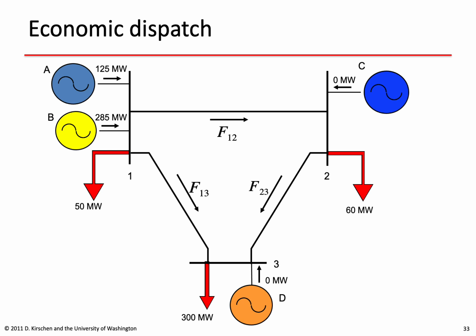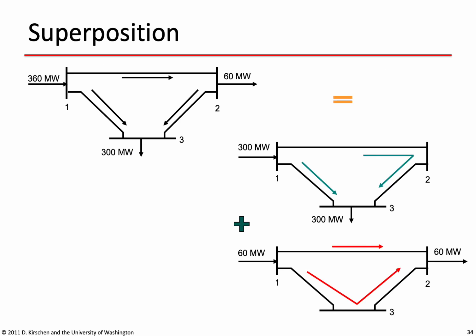So we need to calculate then what the flows are going to be in the various lines if we do this economic dispatch. So we need to calculate F12, F13, and F23. As we did in our discussion about OPF, we will use superposition in this simple example.